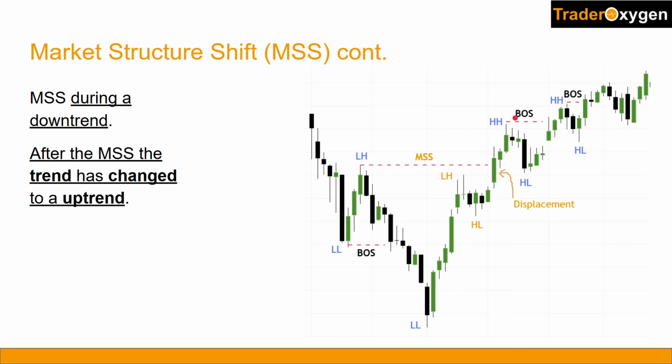Price has pushed up with a significant displacement, and that's the market structure shift. So the price was coming down, but now with the displacement and the market structure shift, the trend has changed from a downtrend into an uptrend. Okay, let's see what's next.